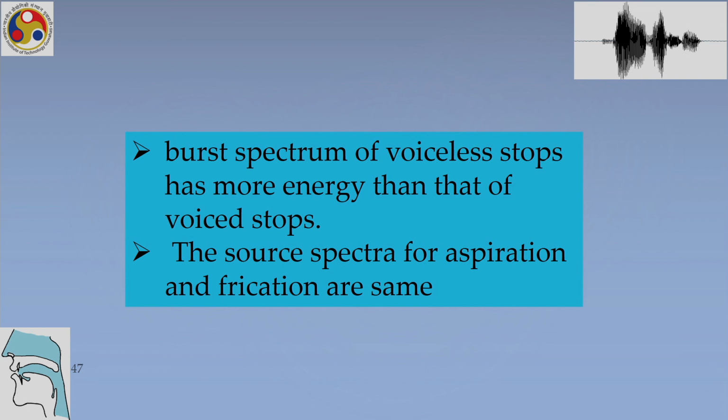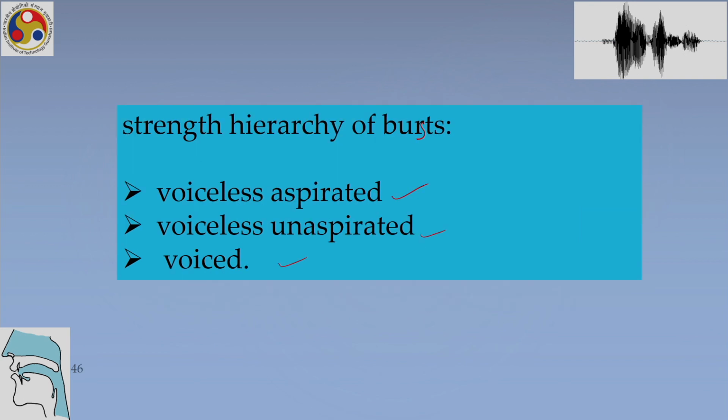Also, the burst spectrum of voiceless stops has more energy than that of voiced stops. And the source spectra for aspiration and frication are the same. So, for both fricatives and aspiration, the source is the same, and we will see how that extra puff of air shows up in fricatives and stops.